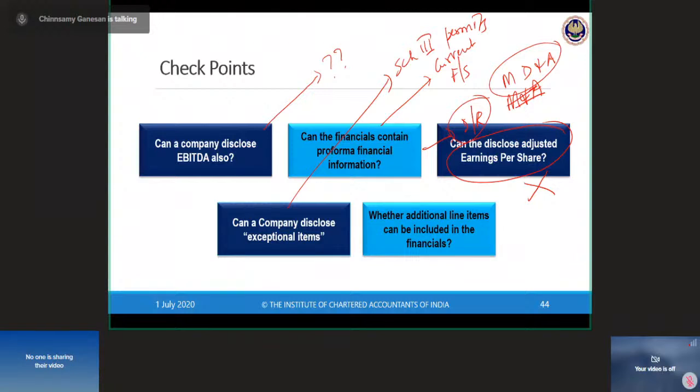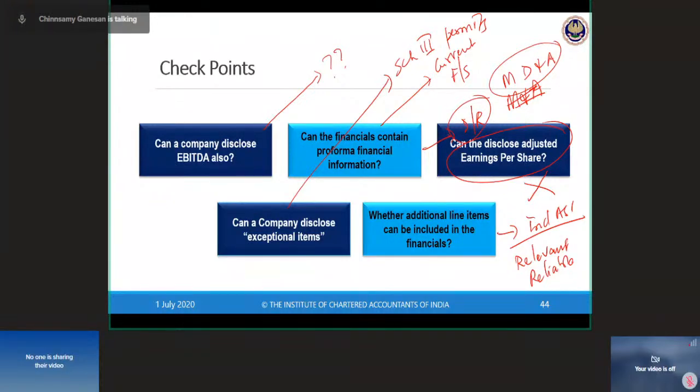Is it possible? It is permitted because Ind AS 1 says, if it is relevant and reliable presentation, you can still have additional line items included in the financial statement. For example, one of my clients who is in the hospital industry, when they followed Ind AS, wanted to show, out of the total expenses which they are incurring, the major cost goes to the consultant doctors.